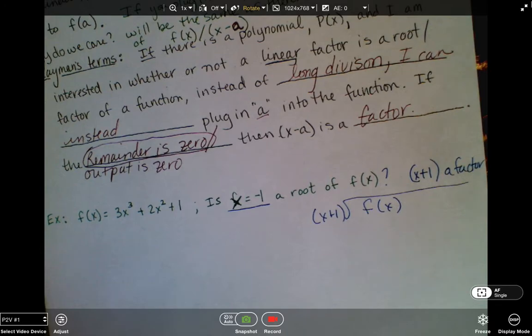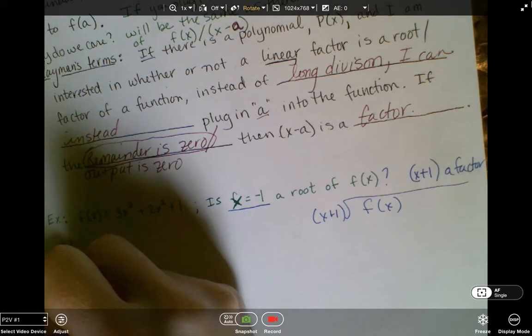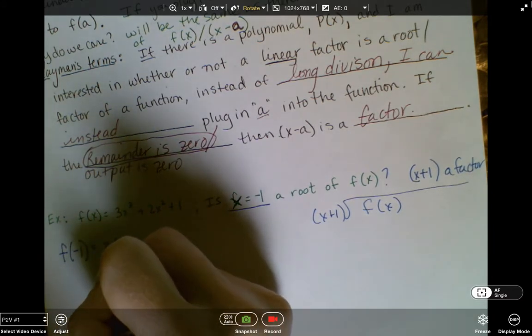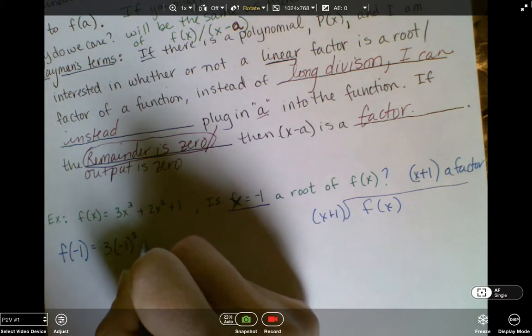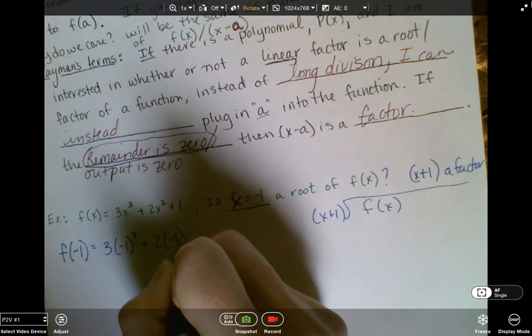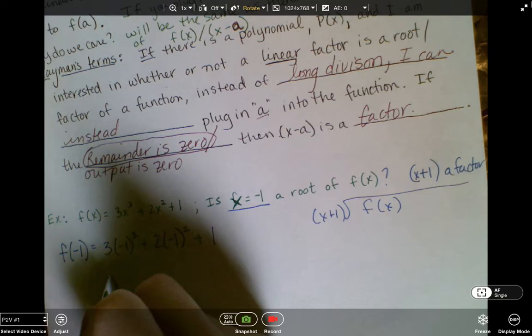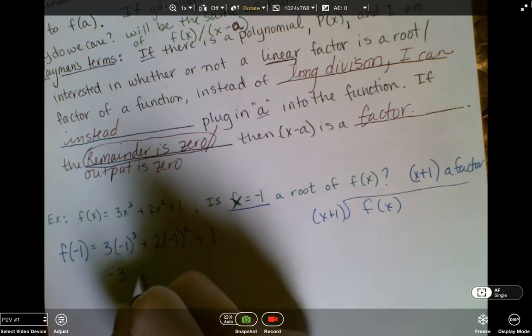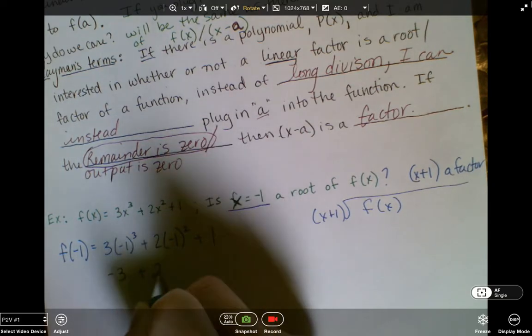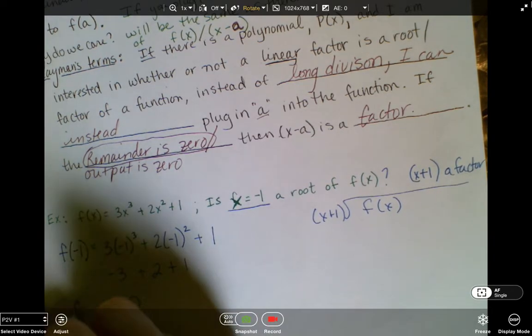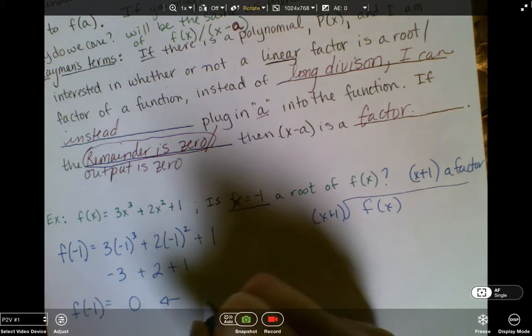Instead, we're going to do f of negative 1. We're going to take 3 times negative 1 cubed plus 2 times negative 1 squared plus 1. This is going to make negative 3. This is going to make positive 2, and that's going to be positive 1, which means the answer is 0. So f of negative 1 equals 0, which means it's a root.